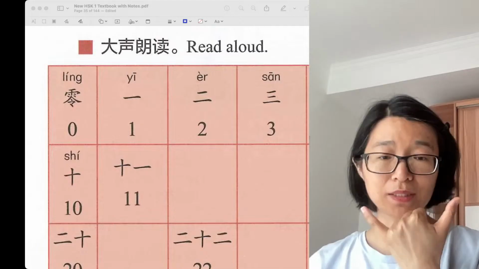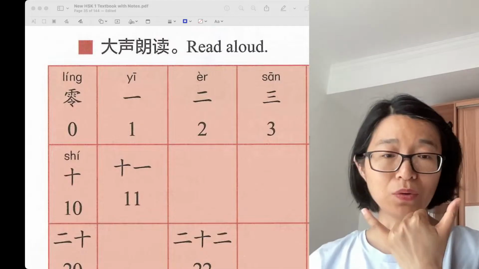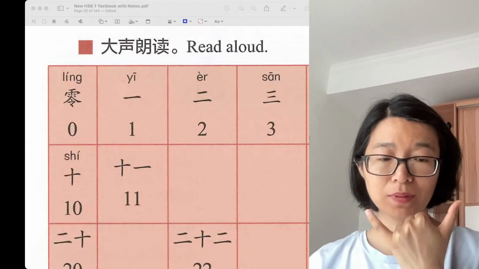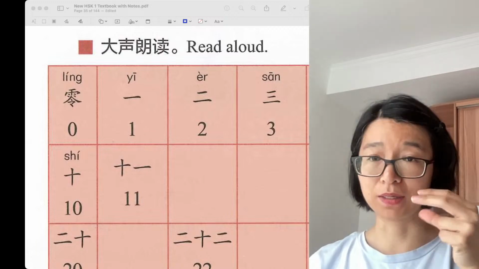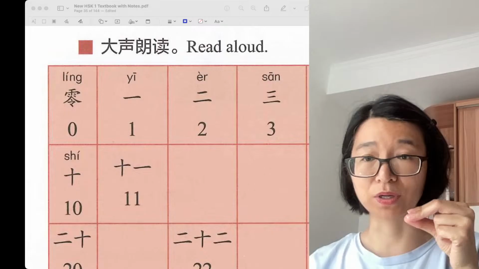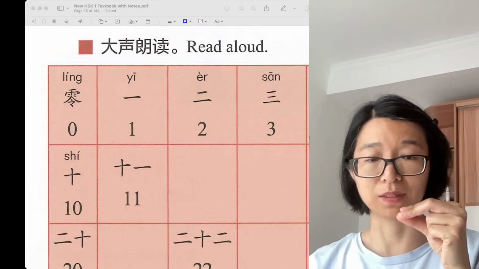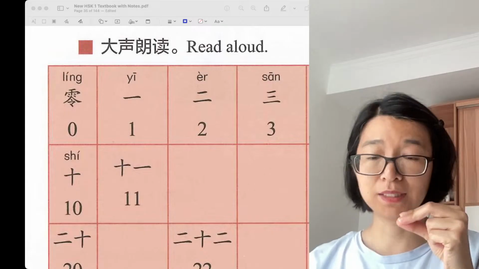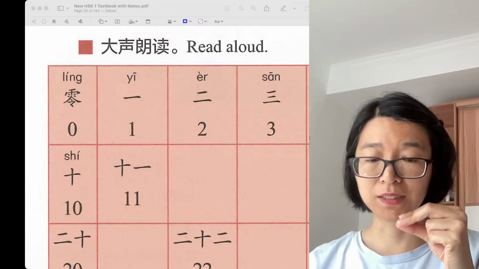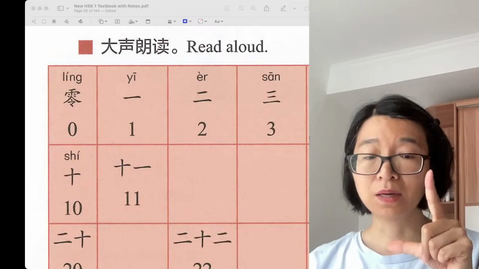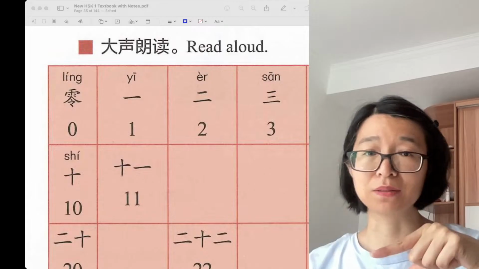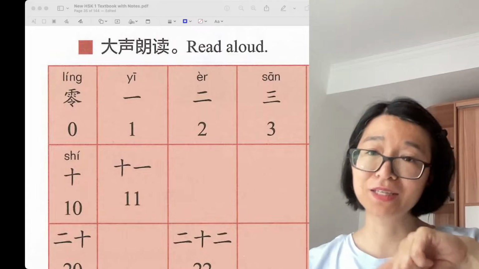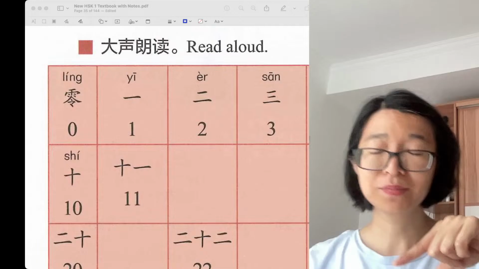We do it like this. 六. Okay, number 7, 七. We use these 3 fingers like this. 七, 八. Why like this? Because this looks like number 8, right? Number 8, 八.